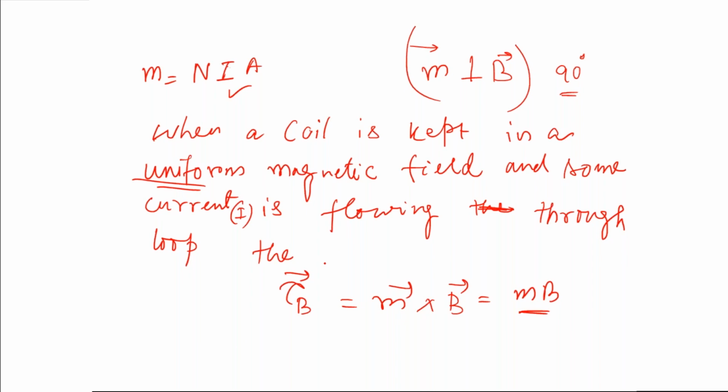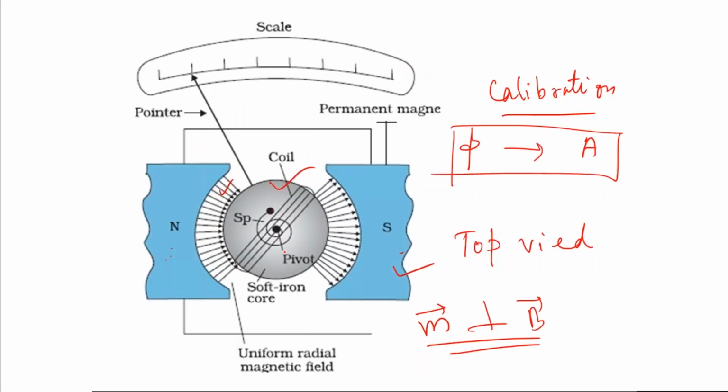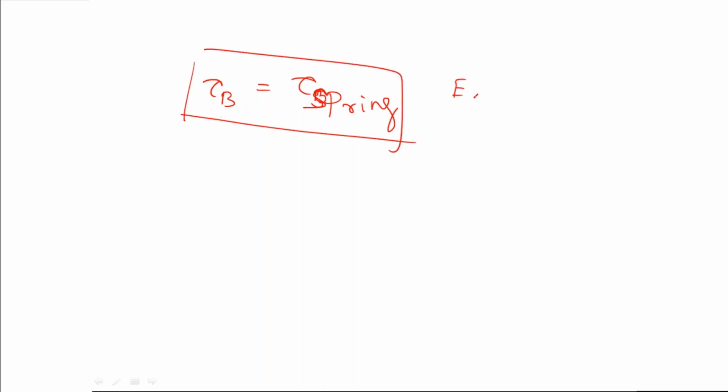This magnetic torque will be counteracted by the torque produced by the spring. So the spring will produce a torque which will be exactly equal at the equilibrium situation, at equilibrium.